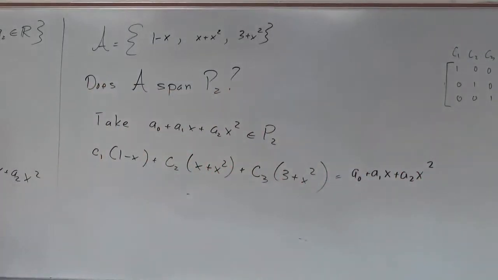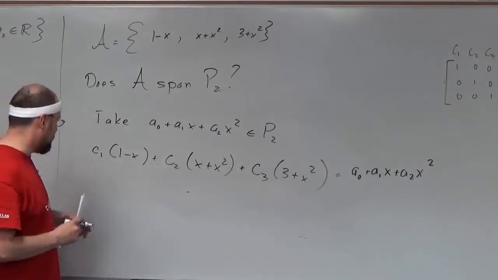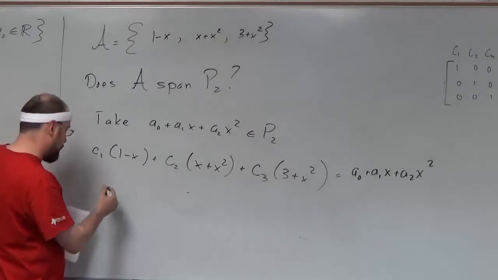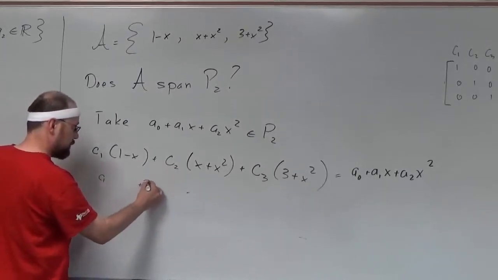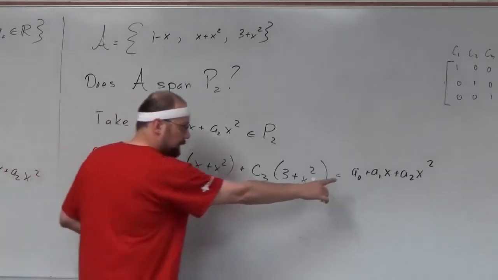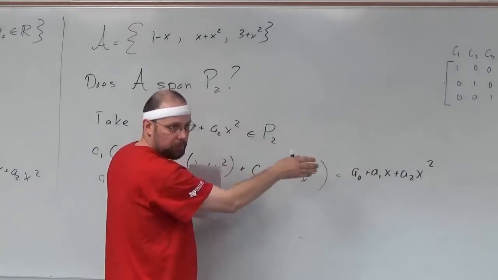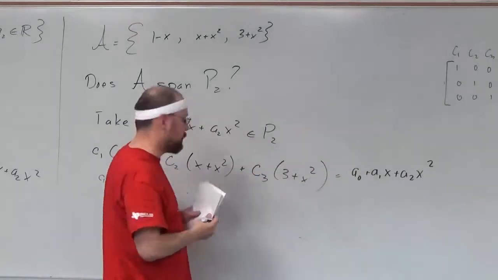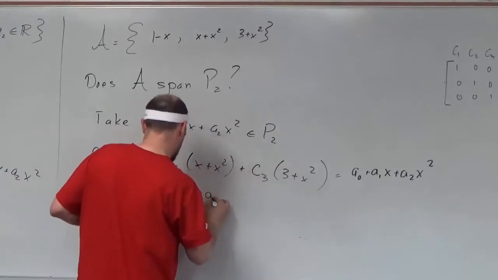Well, we would multiply this out and gather the constants, so you get C1 plus 3 times C3 must be equal to the constant on the other side, right? Two polynomials are equal if and only if the corresponding coefficients are equal. So it must be equal to A0.